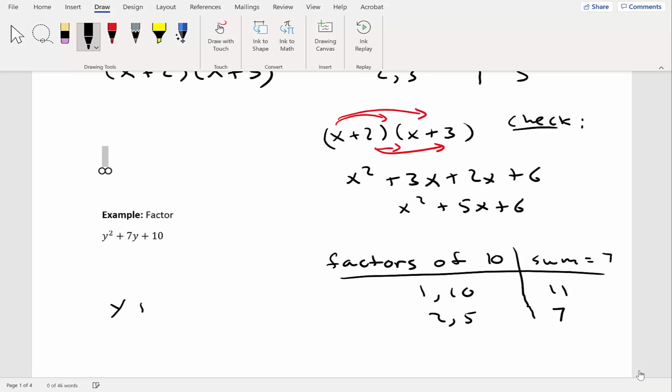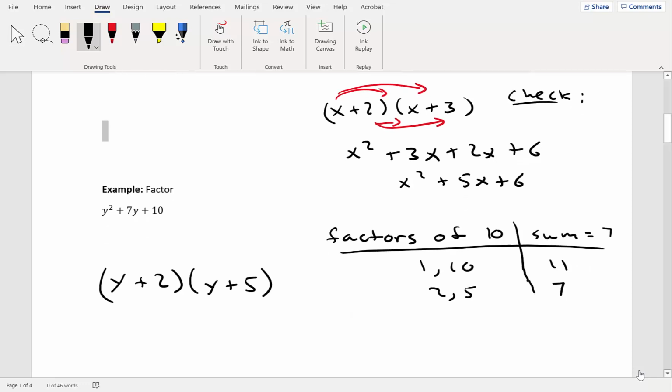So this factors into y plus 2 times y plus 5. Now with these factors, it doesn't matter which order you put them in. You could put y plus 5 first and then y plus 2 after that. Either way, it's still the same answer. Since we're multiplying factors, it doesn't matter which order the factors are in. For example, 2 times 3 is the same as 3 times 2.